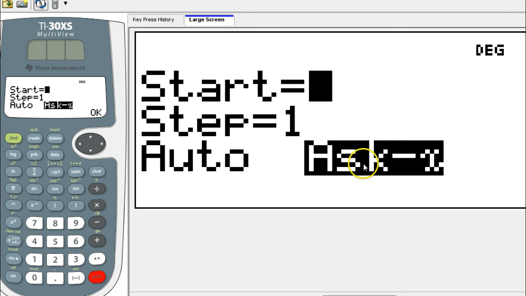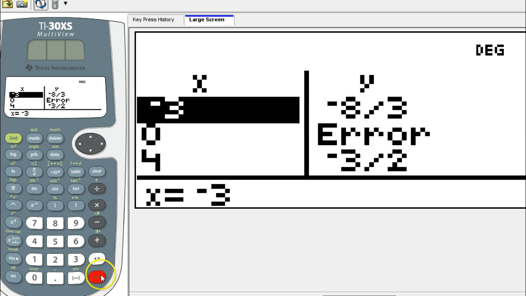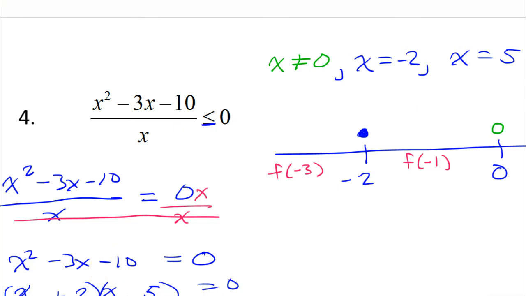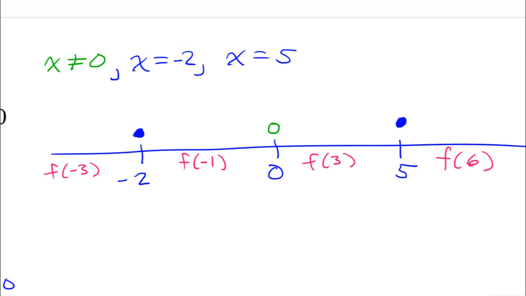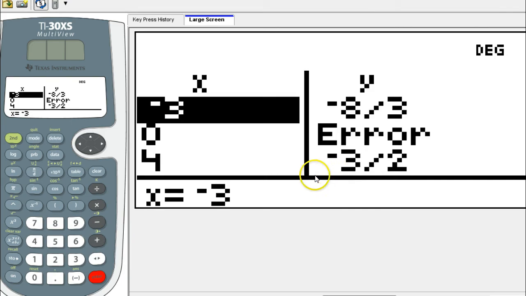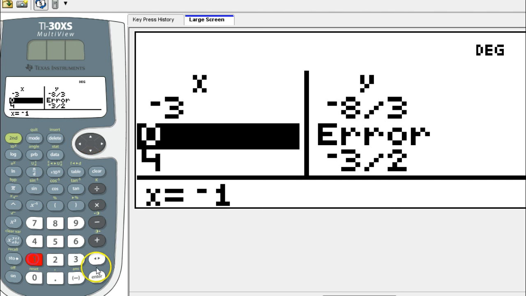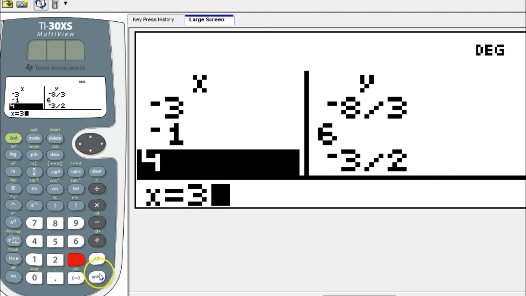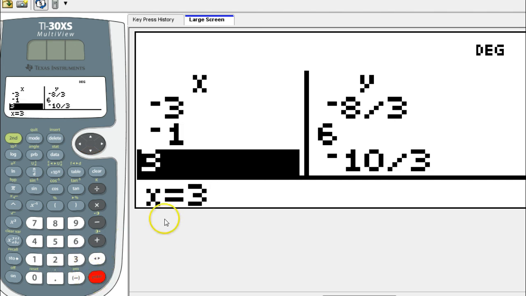All right, be in ask x mode. All right, and the values I want to evaluate are -3, -1, +3.